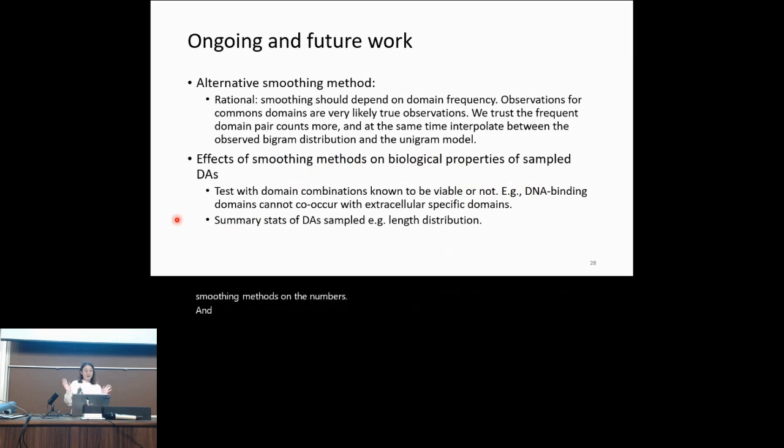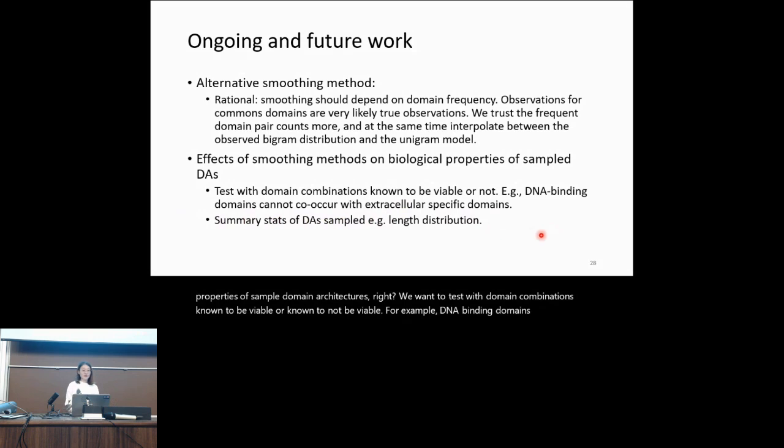And we actually ultimately want to look at effects of smoothing methods on biological properties of sampled domain architectures. Right? We want to test with domain combinations known to be viable or known to not be viable. For example, DNA binding domains cannot co-occur with extracellular specific domains. And also we want to consider summary stats of domain architecture samples, for example, length distribution.